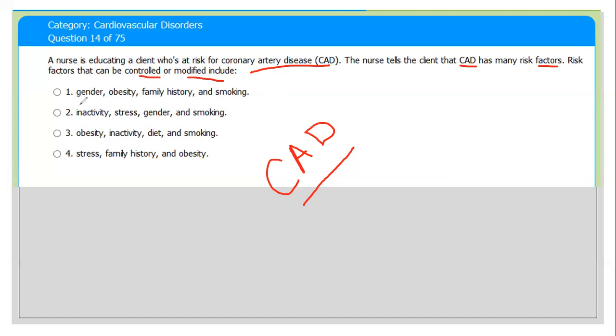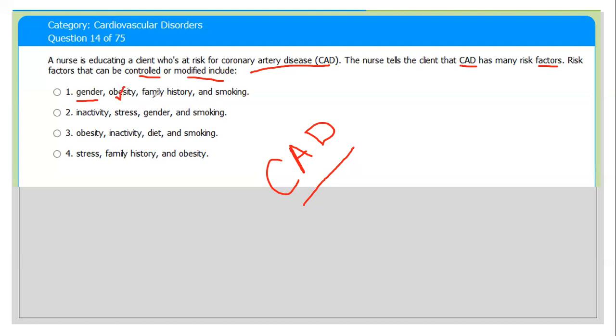Is it possible to change gender, male or female? I'm not talking about surgical operation, because nowadays there are so many fancy options. I'm not going that way, right? So gender is not possible to change. Obesity, definitely we can change it.